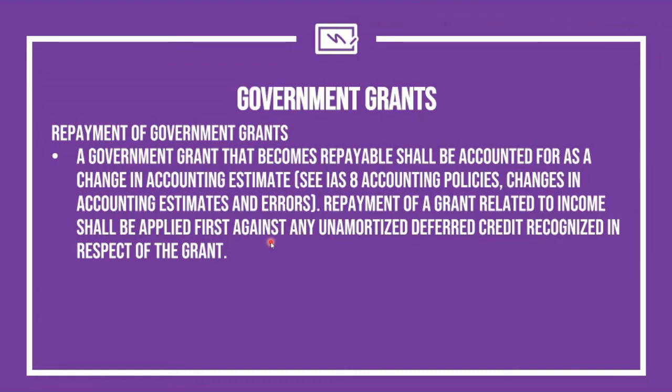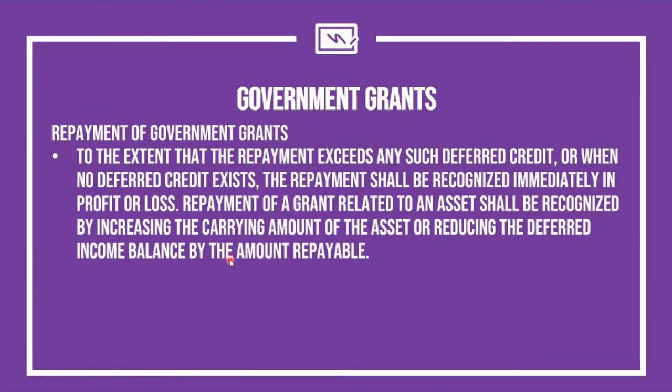So in this case, a government grant that becomes repayable shall be accounted for as a change in accounting estimate, and the repayment of a grant related to income shall be applied first against any unamortized deferred credit or the deferred grant income, which is a liability recognized in respect of the grant.